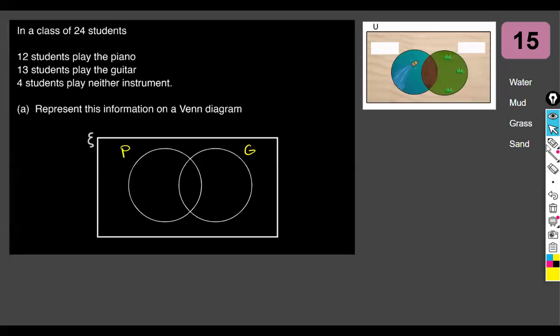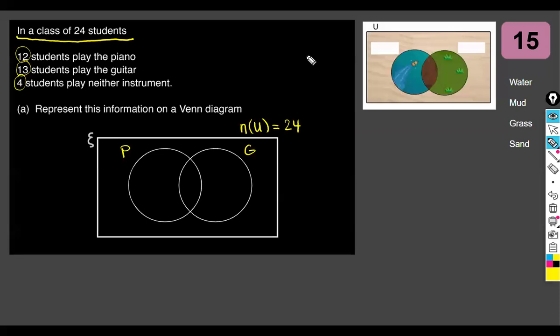Most popular complaint in this question is it has 24 people in all, right? So without saying the universal set, the number of people in the universal set is 24. But people are telling me if it has 24 people in all, when you add up 12, 13, and 4, how much do we get? They just add it up on the calculator.